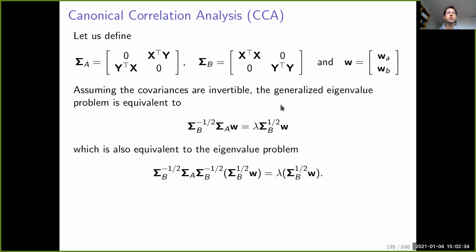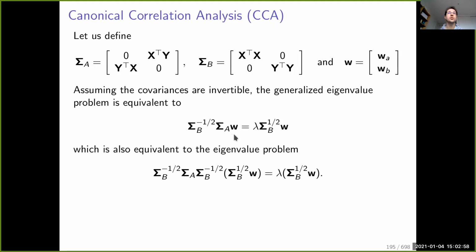The generalized eigenvalue problem, remember that was sigma A times W equal to lambda times sigma B times W, on the previous slide, you can simply rewrite. If I multiply by the inverse square root of sigma B on the left, I obtain this new relation here.